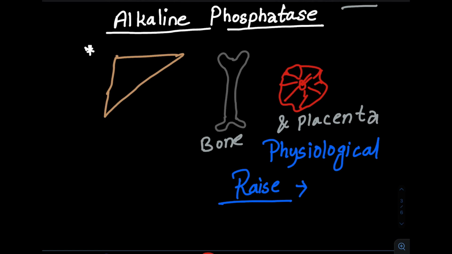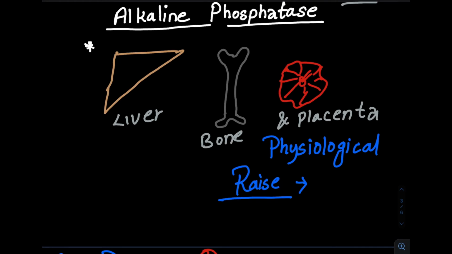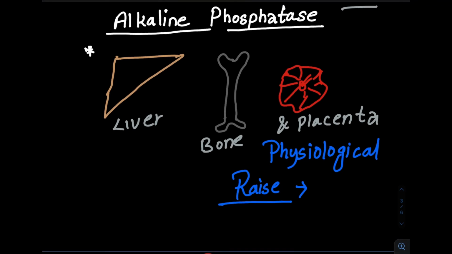Since it is synthesized by bone and placenta too, it is less specific, like AST. Its level also rises in physiological conditions. As it is synthesized by the placenta, it naturally rises during pregnancy.